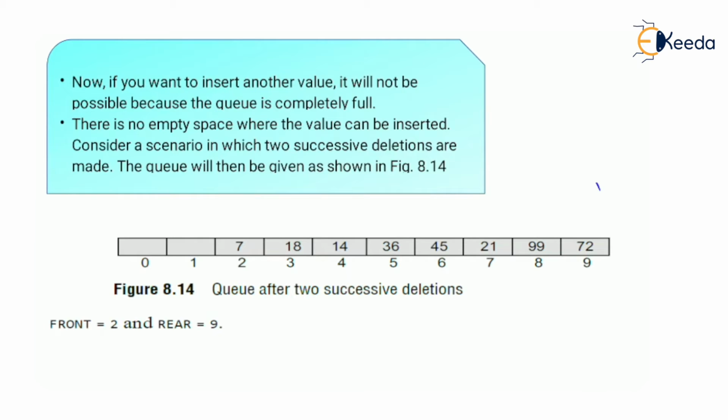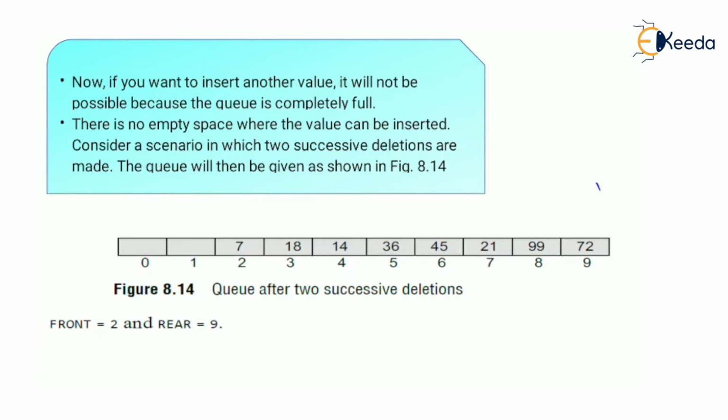Although two vacant spaces are available here, we are not in a position to insert data, because the basic rule of a queue is that we insert elements only from the rear end and delete data only from the front end. So the available space is of no use in the case of a queue.